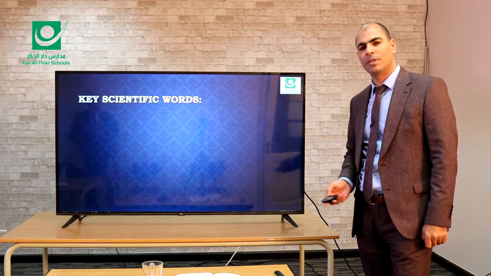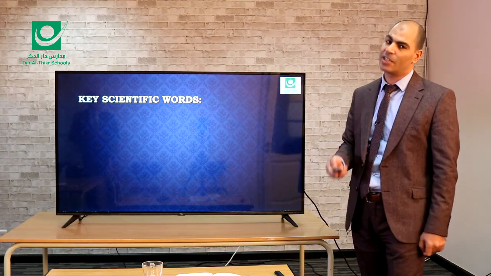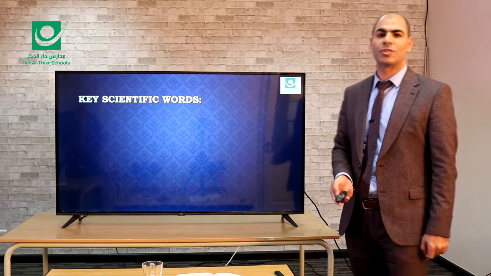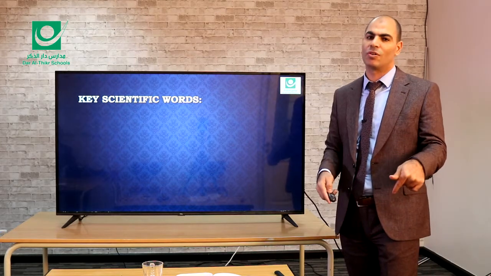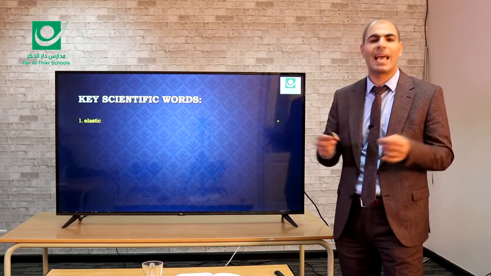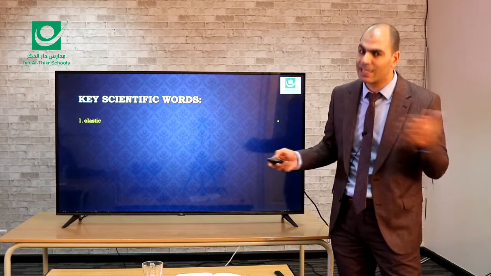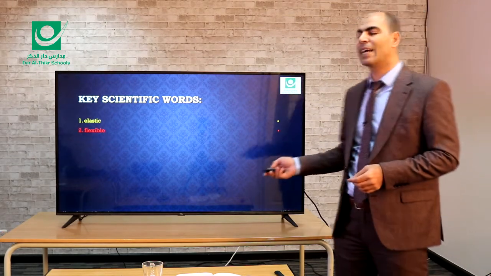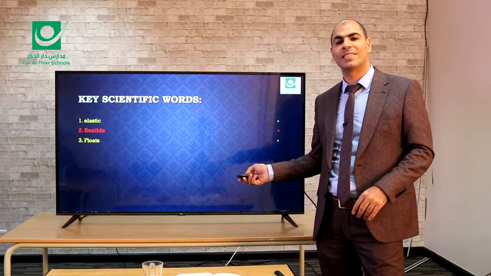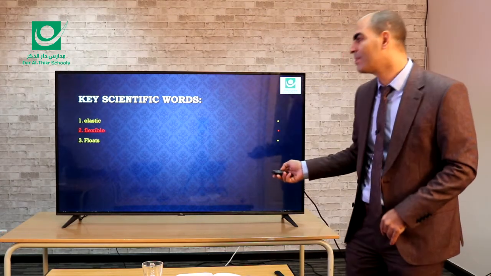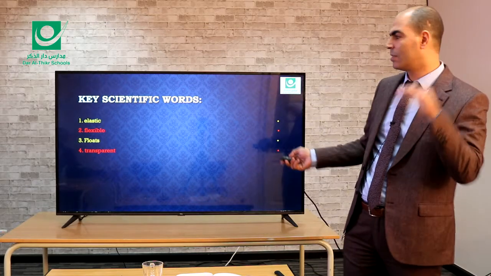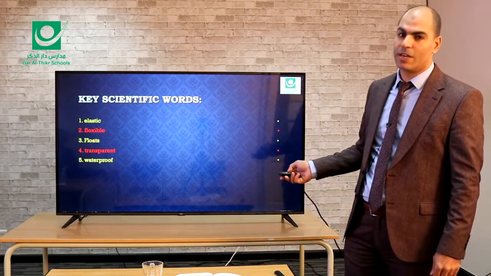After we reviewed last lesson concerning matter and mass and balance, we will be introduced to the key words of our lesson or of our topic. The first word is elastic. The second word is flexible. The third is floats. The fourth is transparent. Waterproof.